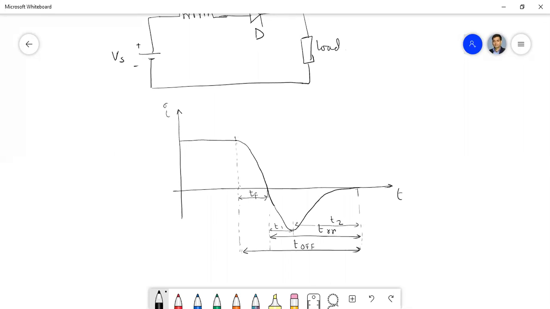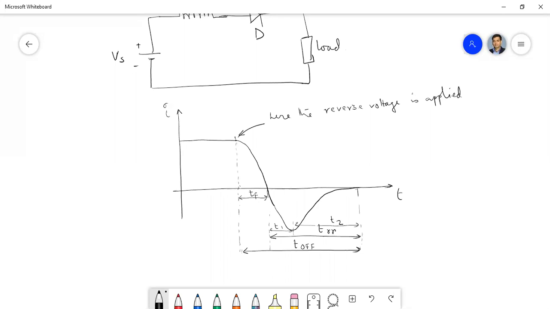Okay, so at this instant the reverse voltage is applied. Here the reverse voltage is applied. Why?